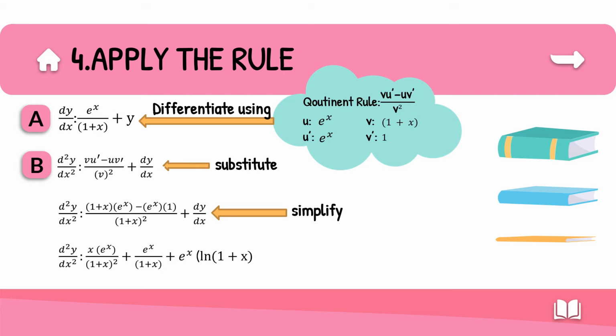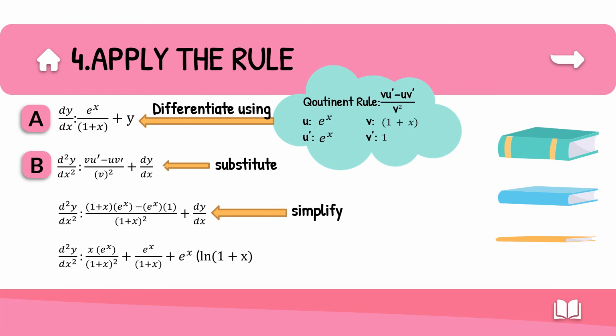Next, we are going to determine u and v, where e to the power of x is the u and 1 plus x is the v. By using the quotient rule, we know that dy over dx is equal to (vu' minus uv') over v squared. So, in order to solve this differentiation, we have to substitute the values into the equation, where u equals e to the power of x, u' equals e to the power of x, v equals 1 plus x, and v' equals 1.